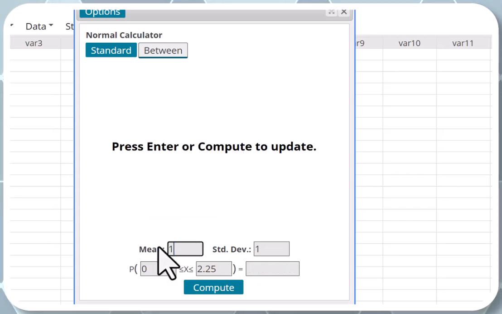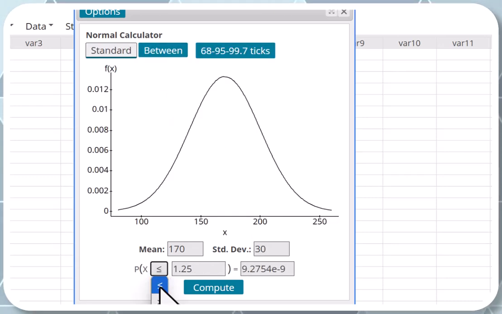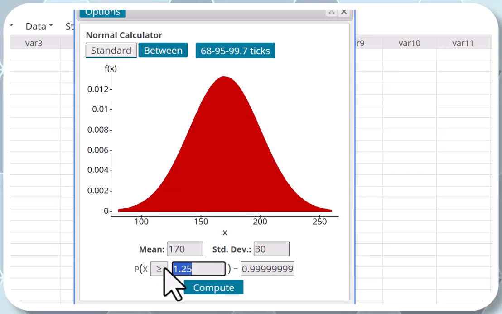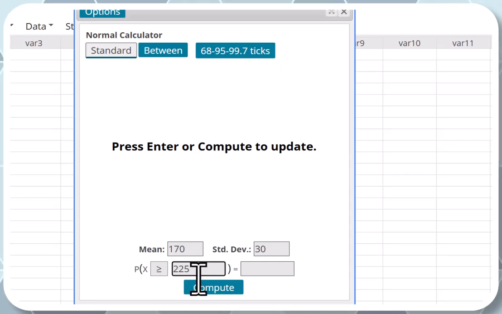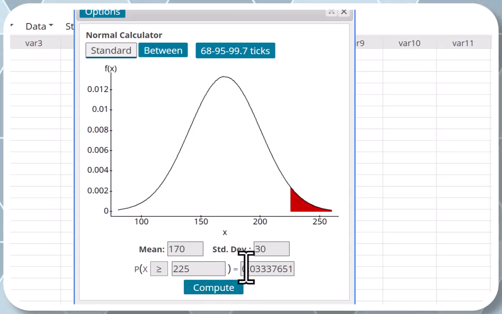We need to change the mean to 170, the standard deviation to 30, go back to standard, more than, you change the sign to more than right here, 200. Actually, it's 225. Compute. So this is the probability, which is 0.0338. What you do, you just take 95 and multiply by 0.0338 to get the number of boys out of the group of 95 who will have cholesterol level higher than 225.